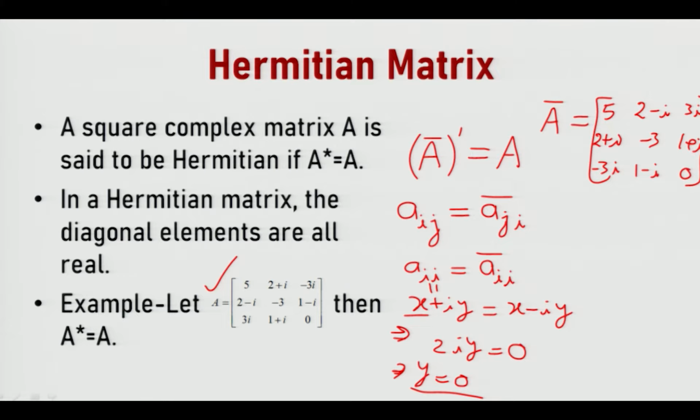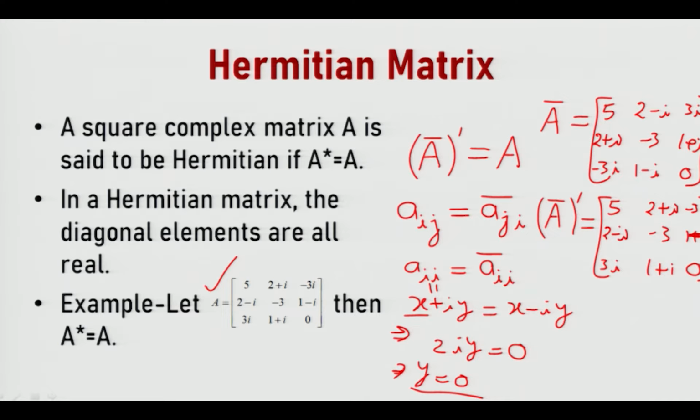Now take the transpose of this, the conjugate of A dash, which will be equal to the first row as first column: 5, 2 minus iota, 3 iota; the second row as second column: 2 plus iota, minus 3, 1 plus iota; and the third row as third column: minus 3 iota, 1 minus iota, 0.